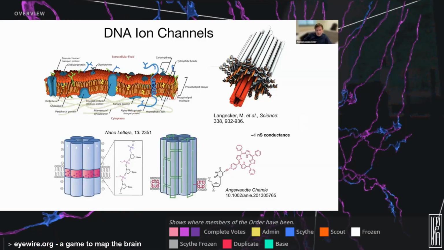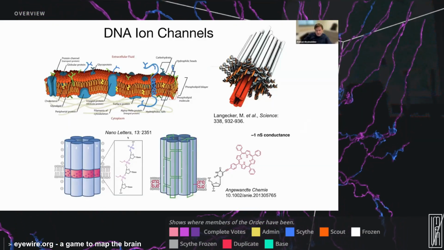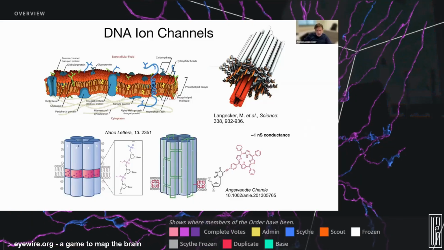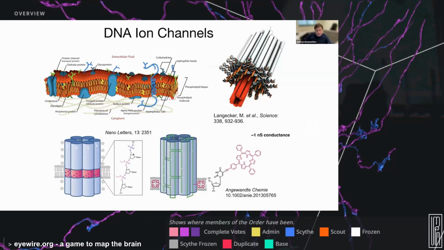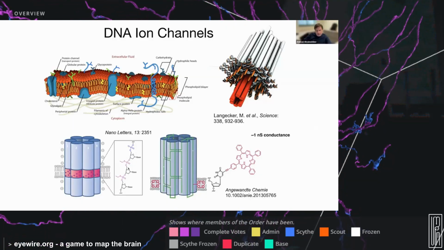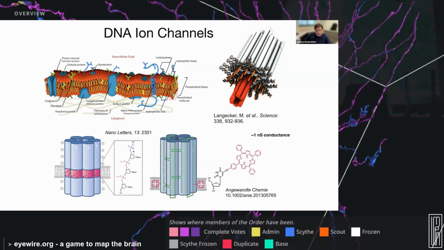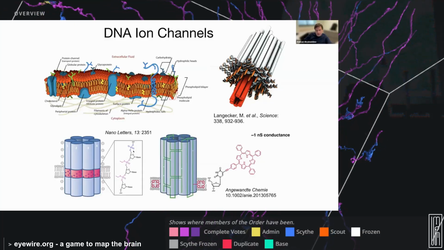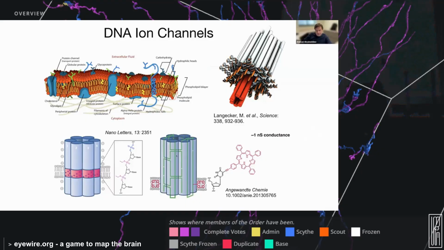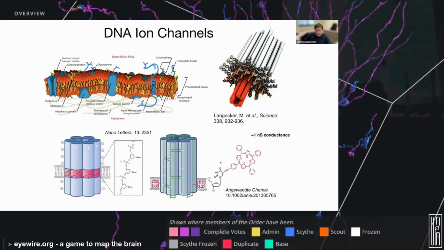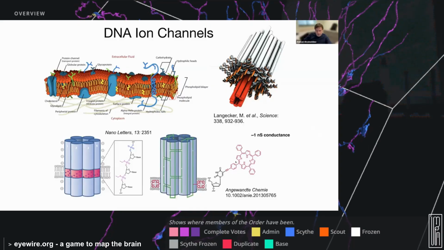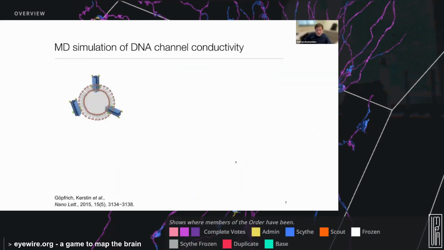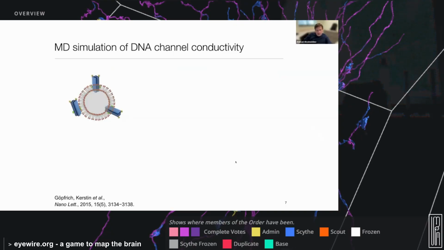In parallel, Stefan Howorka's lab realized DNA nanopore insertion by changing the backbone of the DNA to basically kill its negative charge, and that worked. Other methods have been proposed, differing by what kind of molecules are used as hydrophobic anchors for the DNA. So let me use this system to illustrate how our computational methods work.